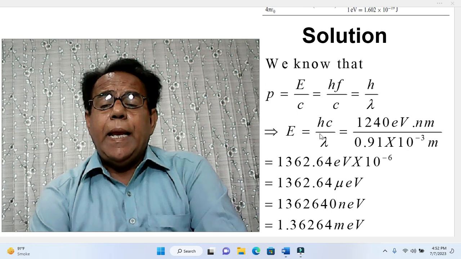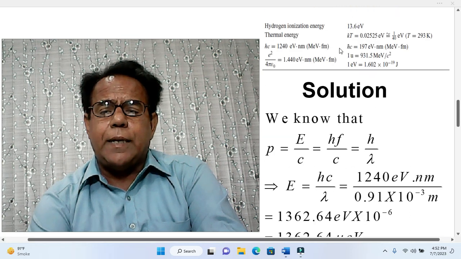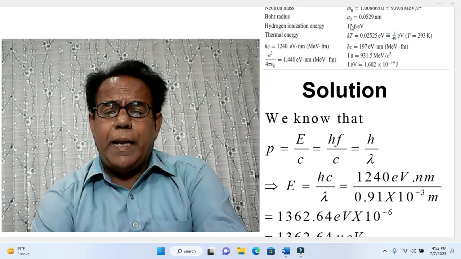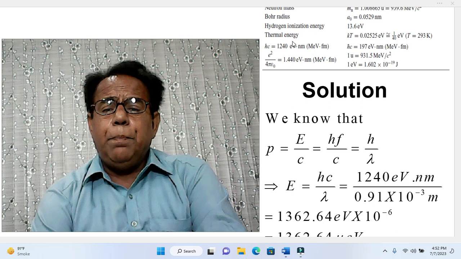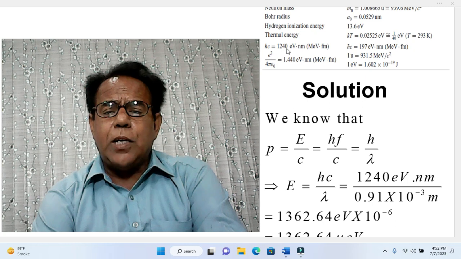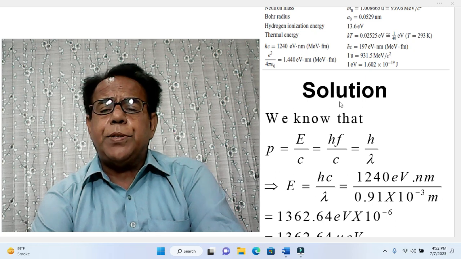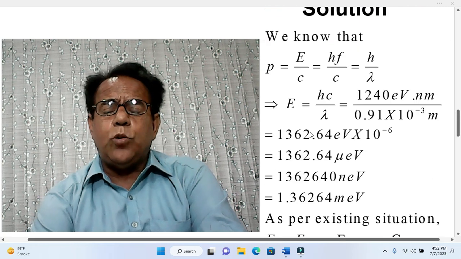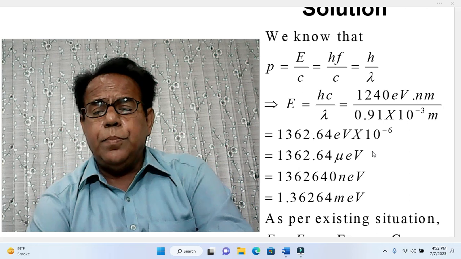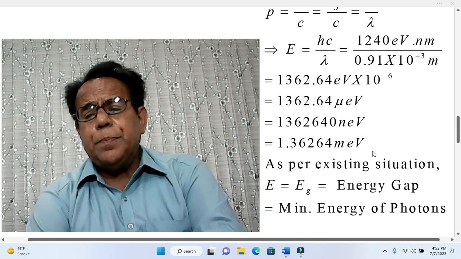Now, h, Planck's constant, and the value of c are both given in the third table, and combined hc is also given: hc equal to 1240 electron volt nanometer or million electron volt femtometer. So here we have directly chosen the combined value of hc, while the value of lambda has been provided in the problem statement. Remaining will be only simplification.